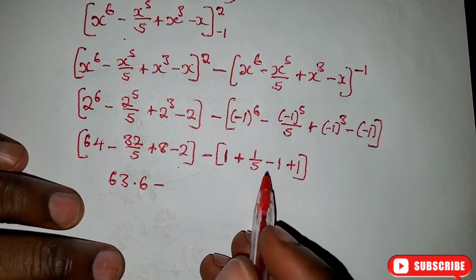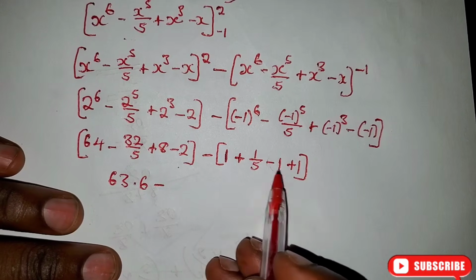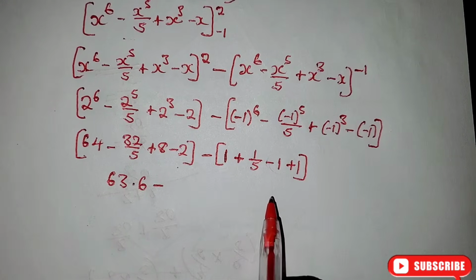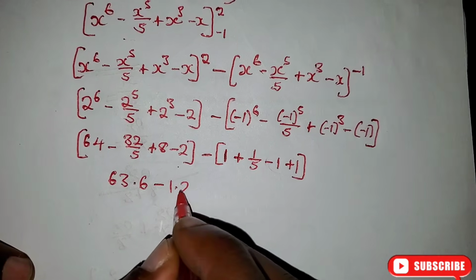it's 63.6. Then this side, you know that this will give us 0, so let's just deal with 1 plus 1 over 5. So you can say 1 plus 1 over 5 is giving me 1.2.